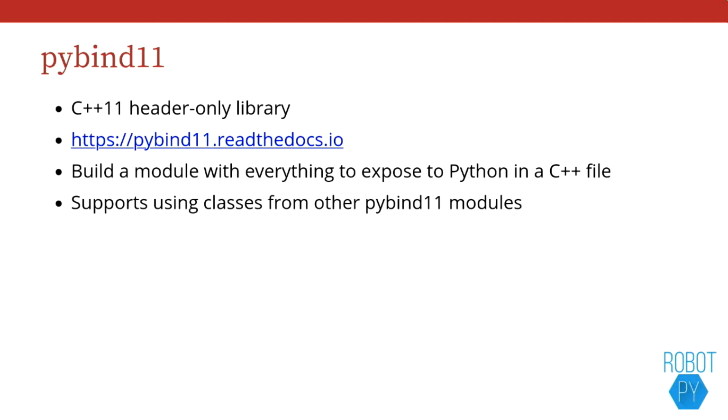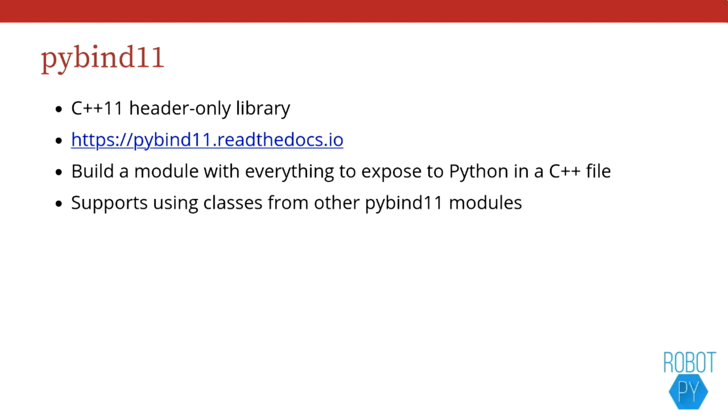And this takes us to the underlying library that we chose to use, which is PyBind11. It's a C++ header-only library, so it's pretty easy to pull into a C++ project.